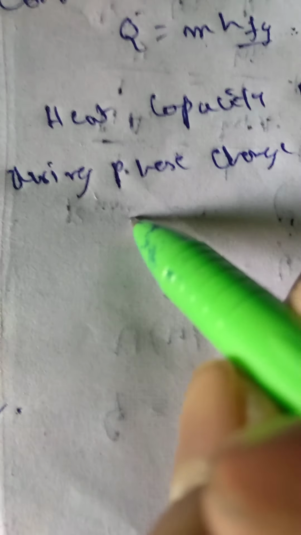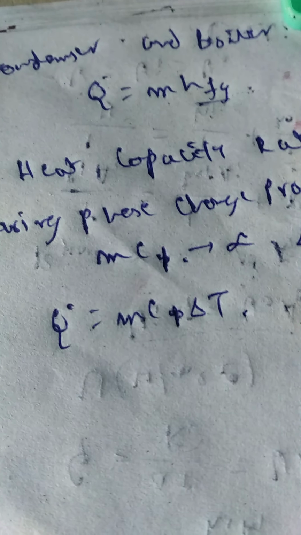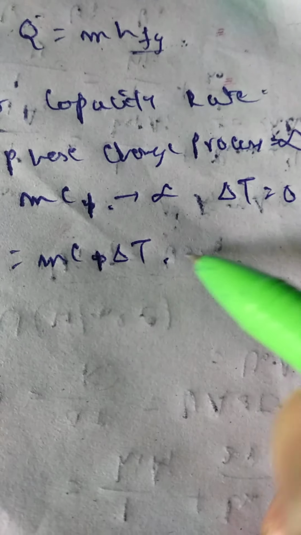That is, this m Cp must be equal to infinity, because the temperature change is 0 during phase change of the liquid. So this heat transfer rate, m Cp delta T, will be a finite quantity.